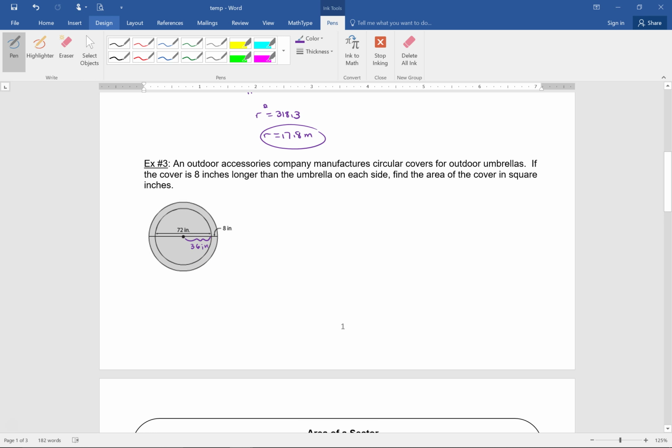So the radius of the cover is 36 plus 8, 44 inches. That means the area is pi r squared, pi times 44 squared, which is 6,082 square inches. Okay?